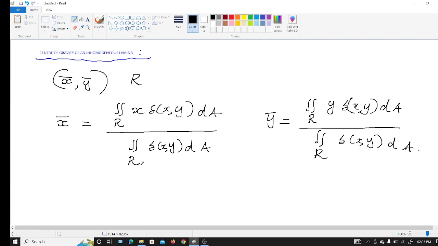And here we know double integral over R delta xy dA denotes the mass of the lamina.